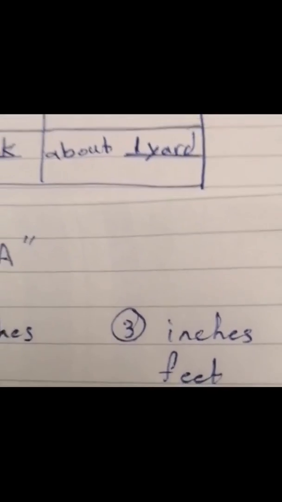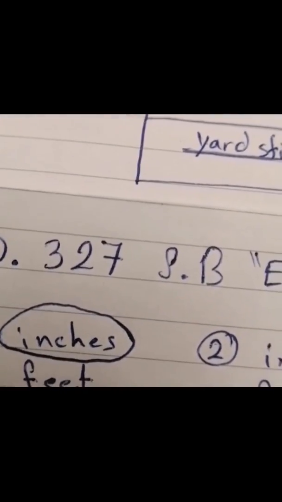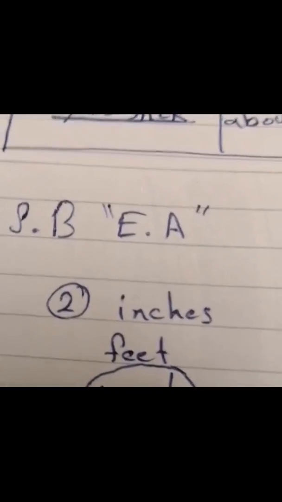Number 2, from your book you have a car, right? A car, is it a large thing or a small thing? Yes, it's a large thing. So, for large objects we use inches, feet, or yards. Yes, by using yards.